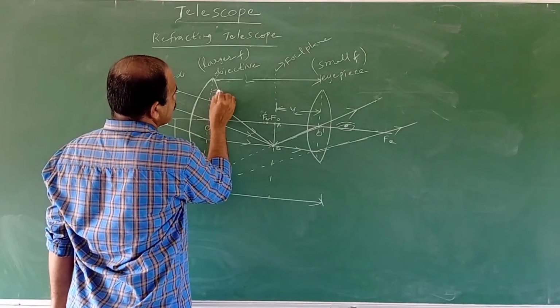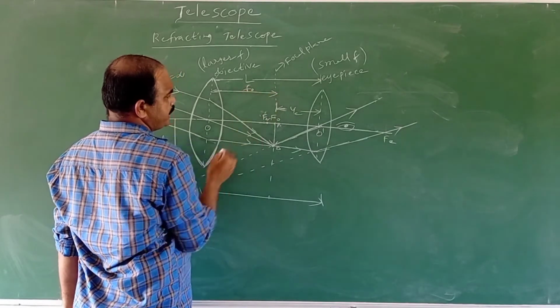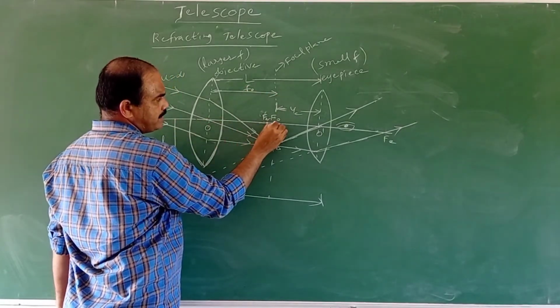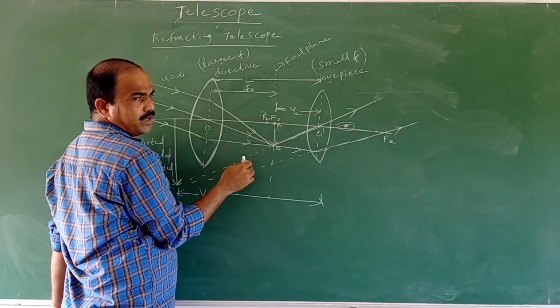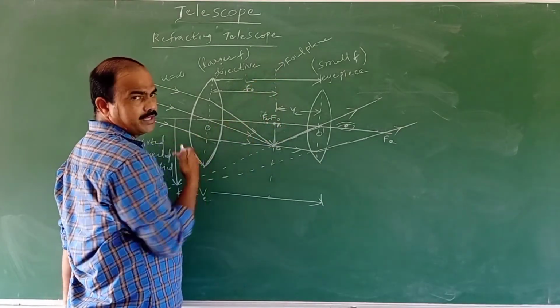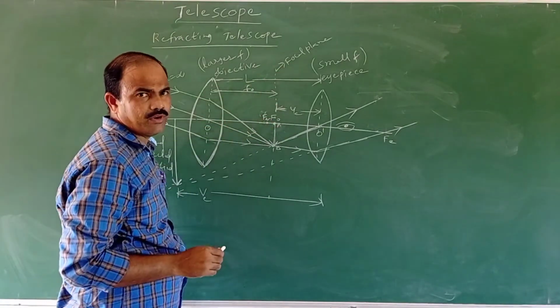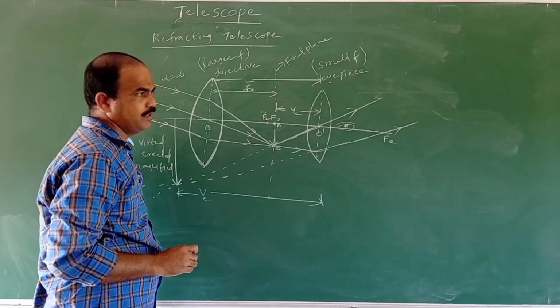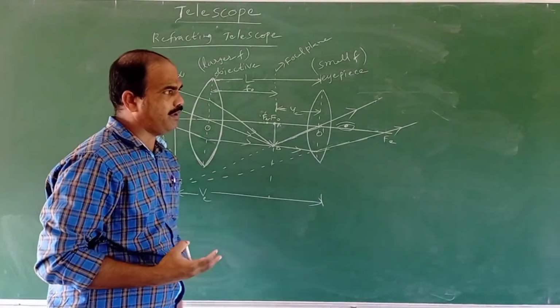This is nothing but the focal length of the objective. This is the optic center and this is the focus of the objective. So at the focus of the objective, the image is formed within the focal plane. That's why the distance between the optic center and the focal plane is f naught, which is the focal length.